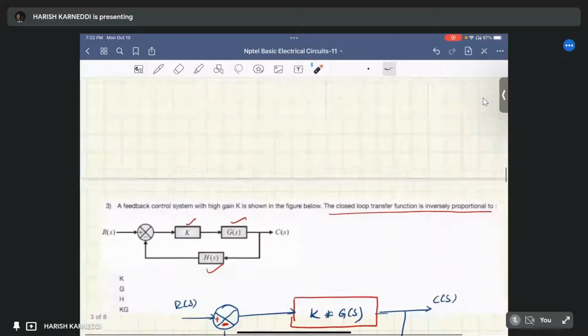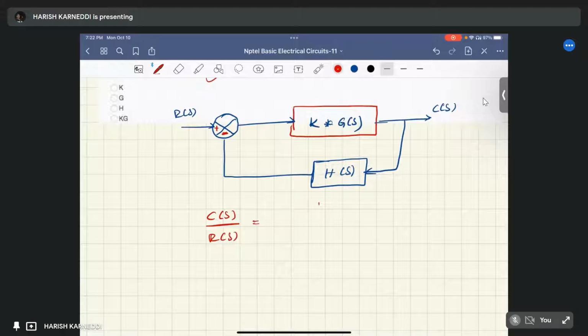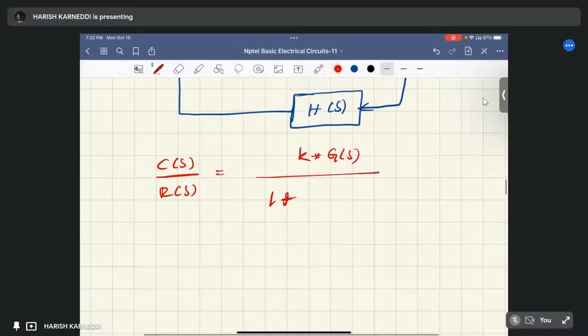In our case, now the forward path gain is K into G of S. So the closed loop transfer function C of S by R of S equals the forward path gain, that is K into G of S, by 1 plus the forward path gain, that is K into G of S into H of S, right?